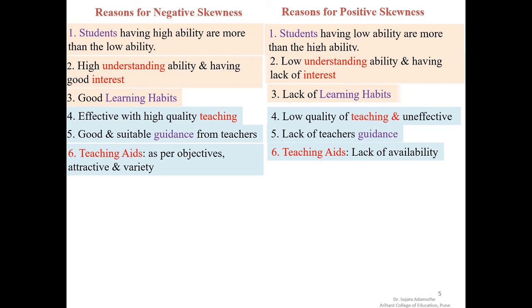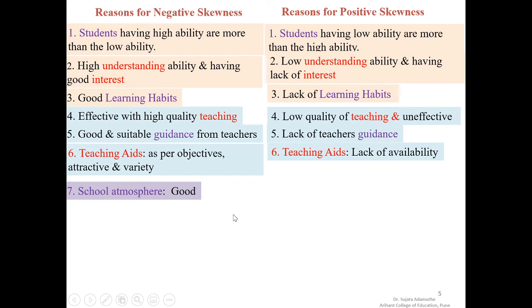Because if we use the teaching aids, then when the students are writing in the examination, or using those basic things in other content, either to solve an example or to learn the next steps based on the previous step, automatically we will observe low understanding there. And if low understanding is observed, then positive skewness will come there.